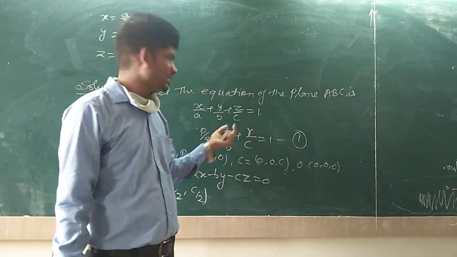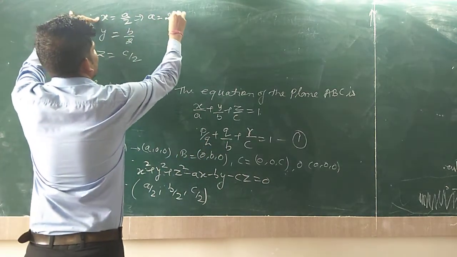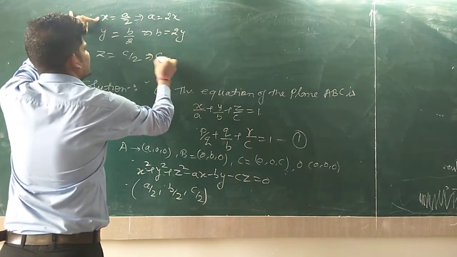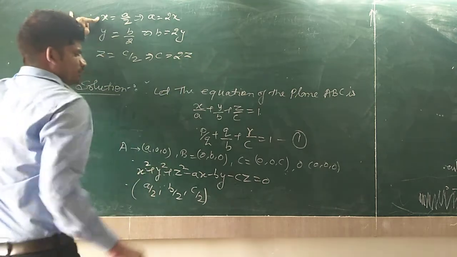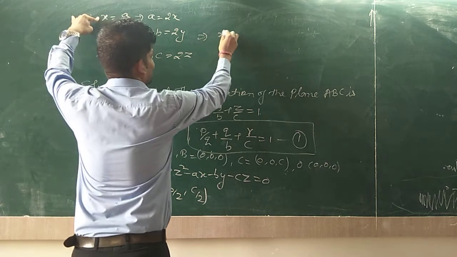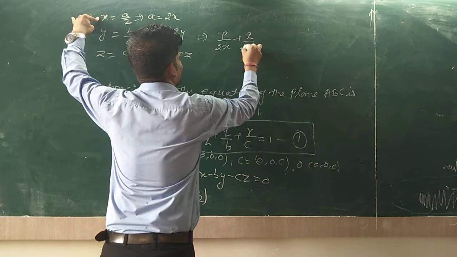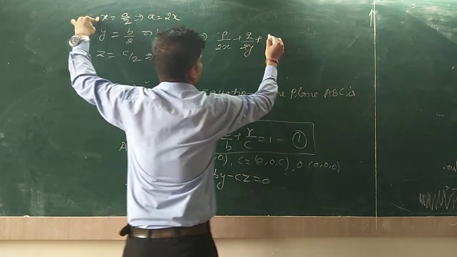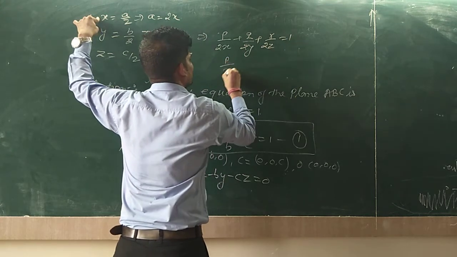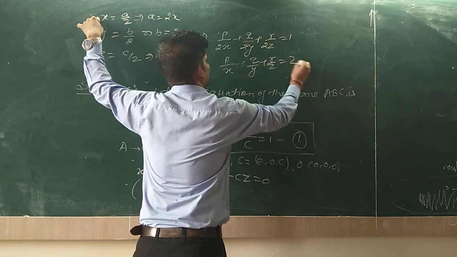So a, b, c is eliminated by finding the value of a equal to 2x, b equal to 2y and c equal to 2z. And putting in equation number first, p upon 2x plus q upon 2y plus r upon 2z equal to 1, so p upon x plus q upon y plus r upon z equal to 2.